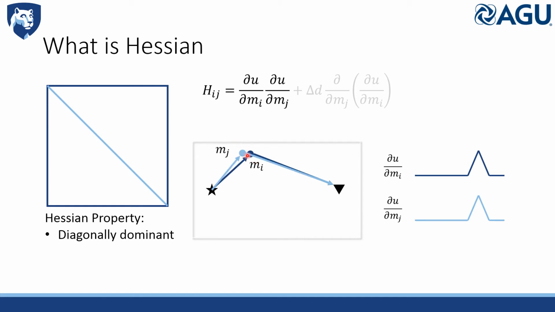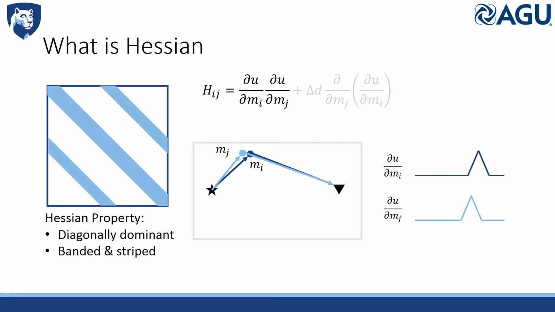Instead, we will have non-zero Hessian values as long as mi and mj are neighbors. See the waveforms. As a result, the Hessian will be a banded and striped matrix, and the pattern depends on how you sort the grid points. Then let's talk about what kind of information is carried by the Hessian matrix.